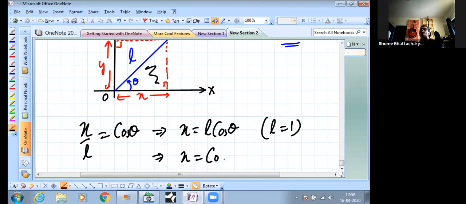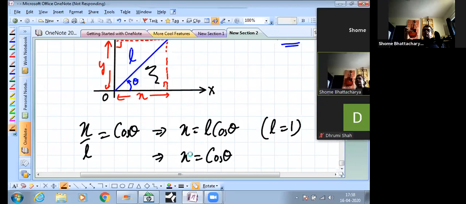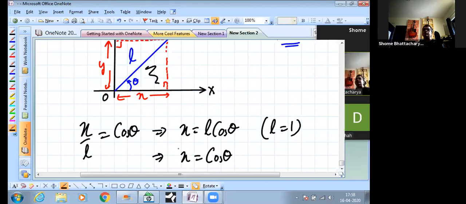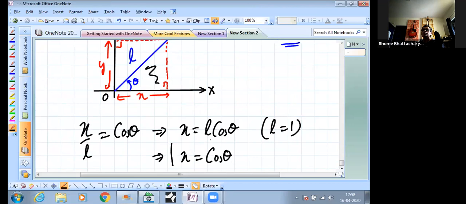So in other words, what is our definition of cos theta now? It is the projection of this rod of unit length along the x-axis. That becomes our new definition of cos theta. That's why I told you now we will define cos theta, sin theta, and tan theta in terms of projections. So this is the projection-based definition of cos theta.